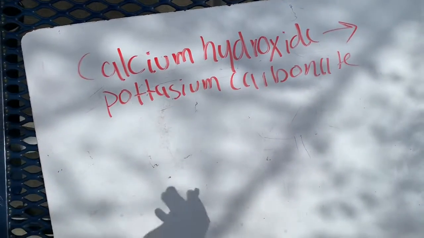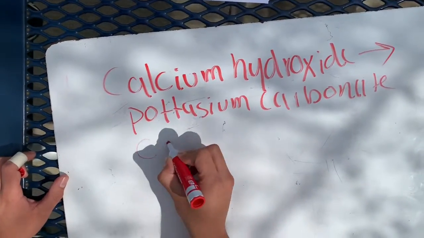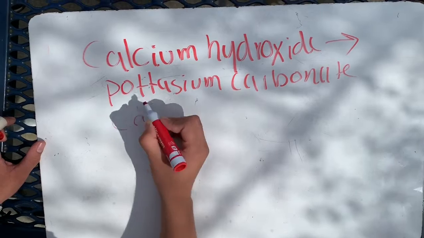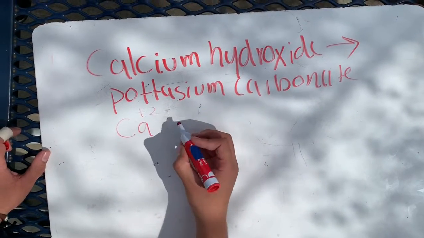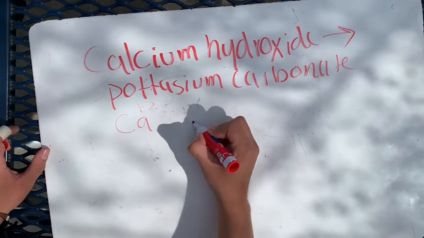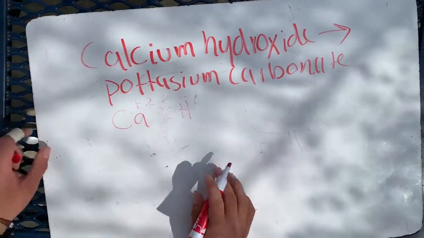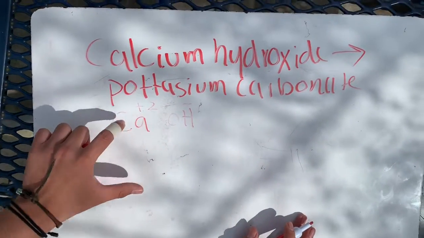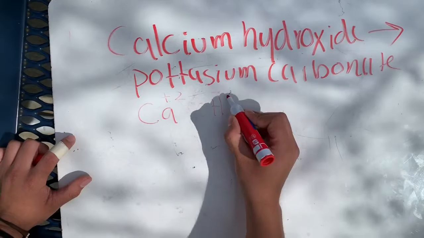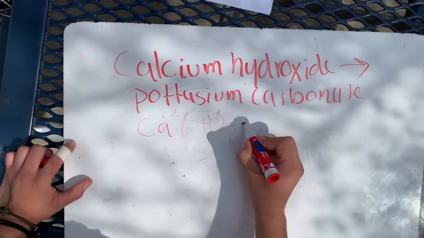So now we can write our equation. We know that calcium has a charge of +2, and hydroxide has a charge of -1, but because we have a +2 in calcium, hydroxide has to be 2.